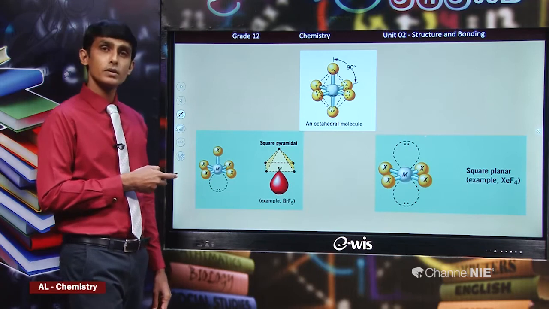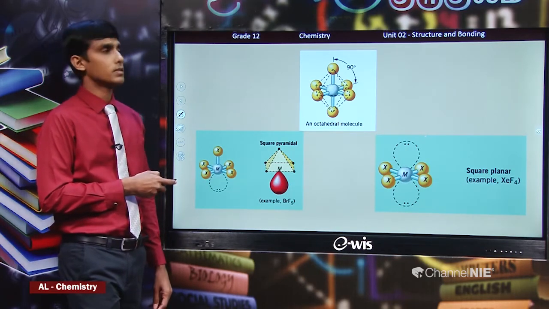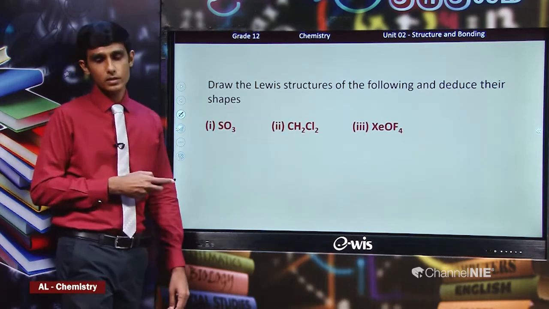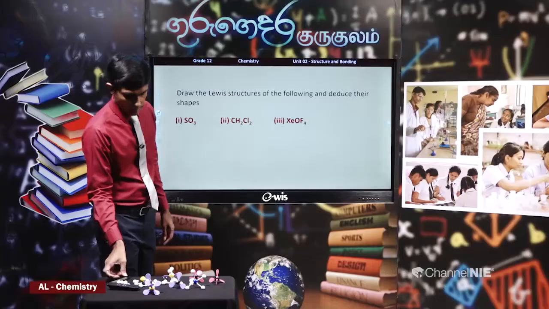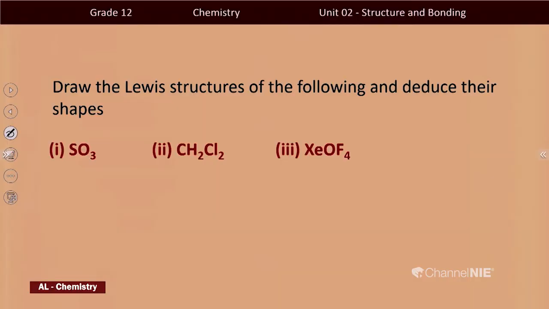So, when you are asked to deduce the shape, you must mention certain points. We will see what those points are. Say you are asked to deduce the shape around the central atom of SO3. When you draw the Lewis structure, you will get the Lewis structure like this.